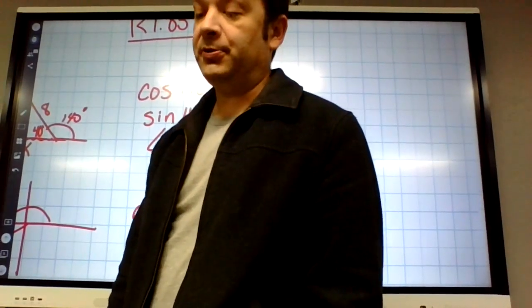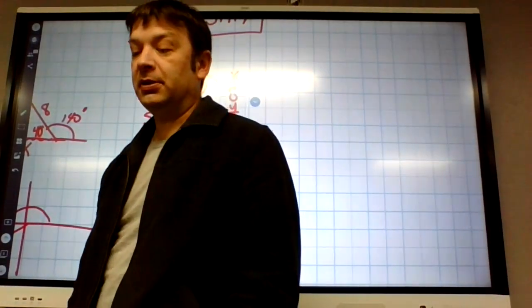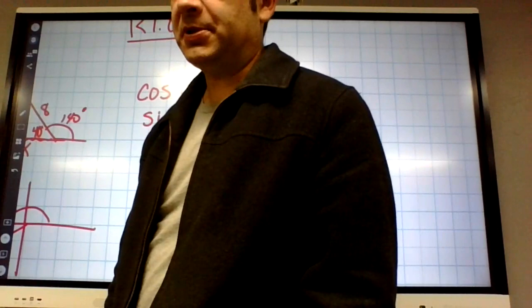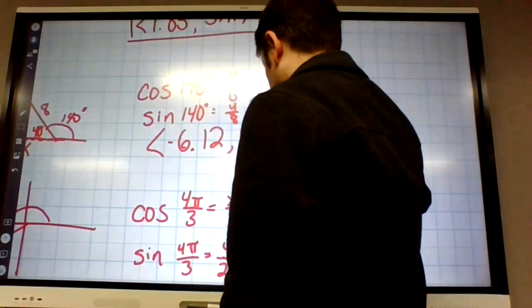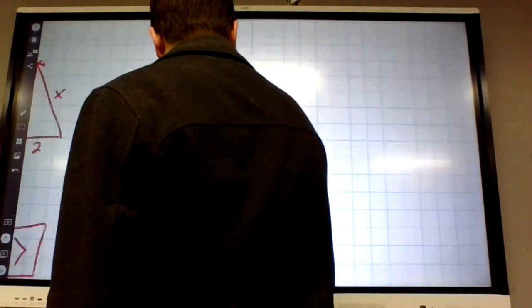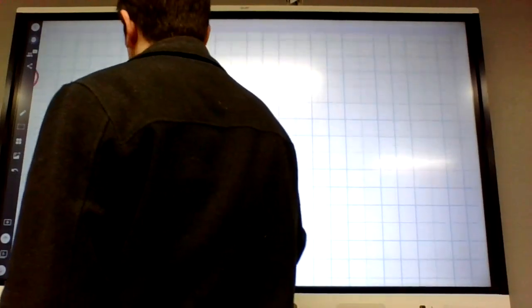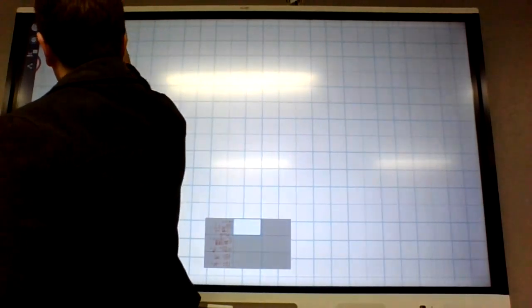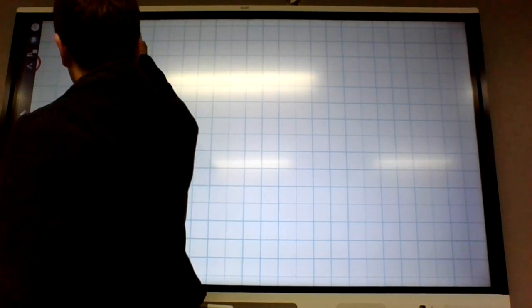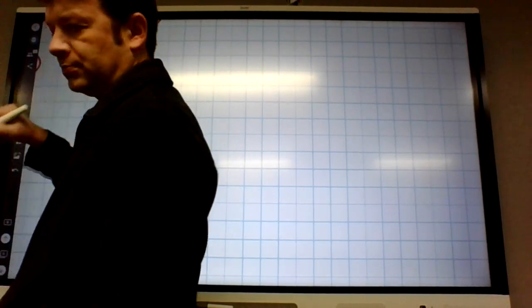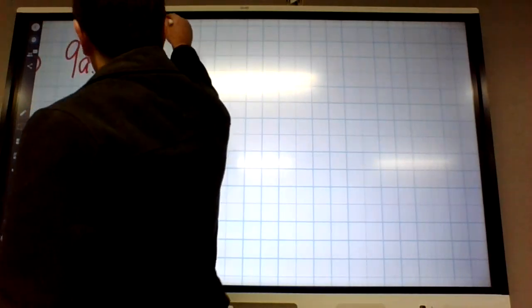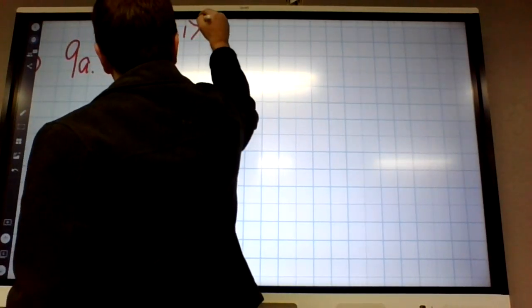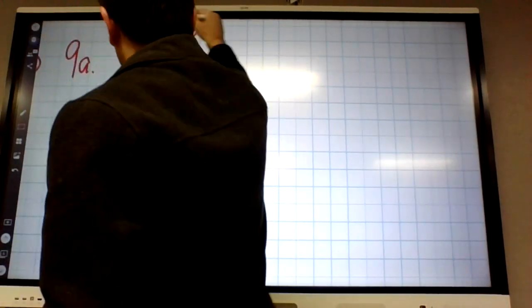Okay, number 9. When we add two vectors together, what happens to their x and y components? V is negative 8, 4.